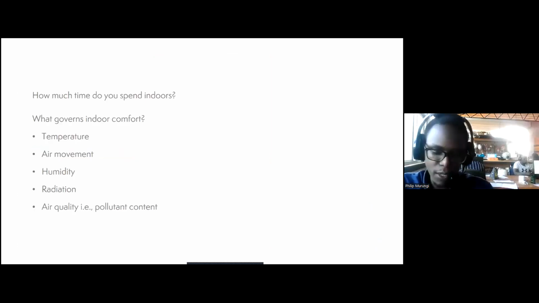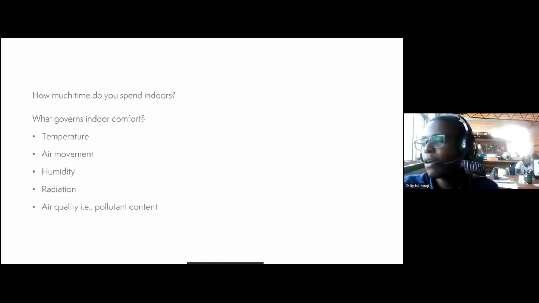Everyone lives in a building, at least most people, except if you live outdoors, and you'll find you spend a good portion of your time indoors. I saw research that said that in colder climates, people spend 90% of their time indoors. So the things that govern the comfort indoors become important: the temperature of the room, the movement of air in and out of the room, the humidity, the radiation, that's basically the heat being given off different surfaces, and air quality.